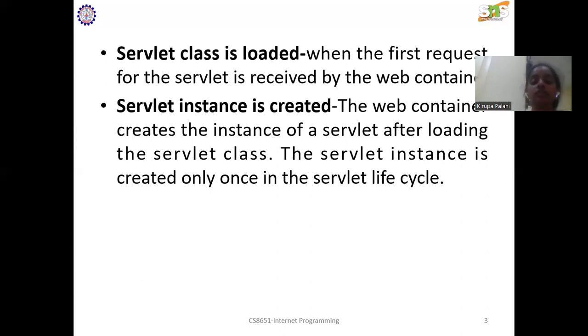What we simply say for a life cycle is that the servlet is born, the servlet is initialized, the servlet is ready to service, the servlet is servicing, the servlet is not ready to service, and the servlet is destroyed. These are simple English words.